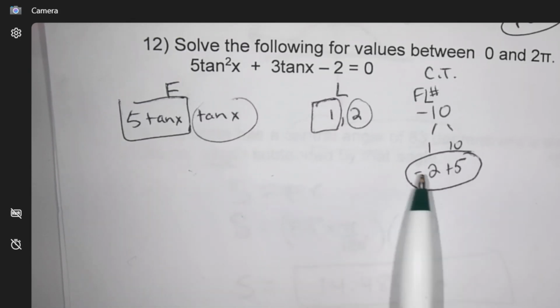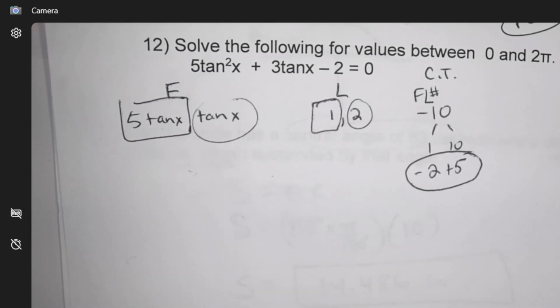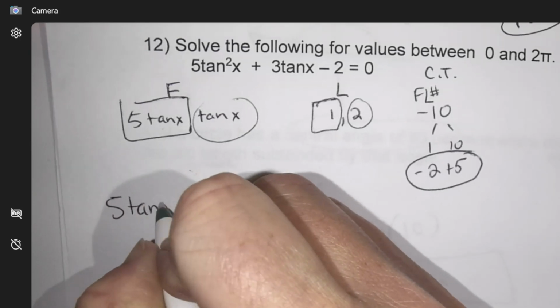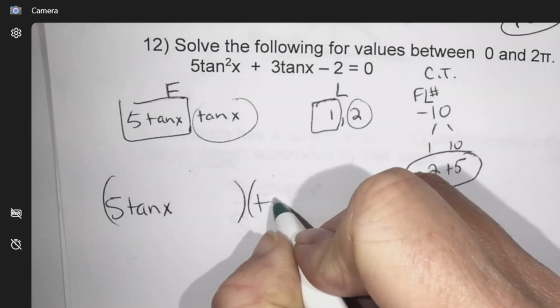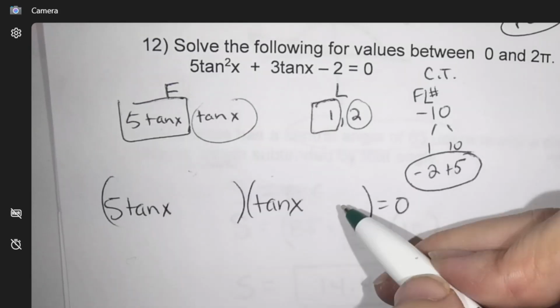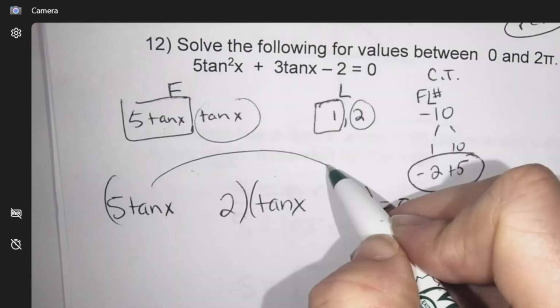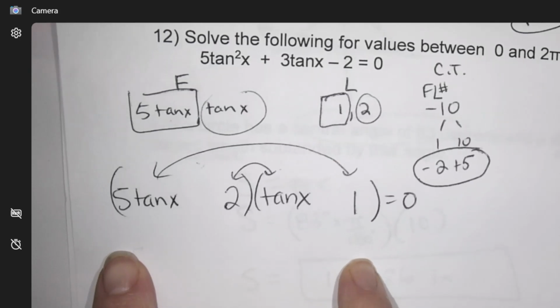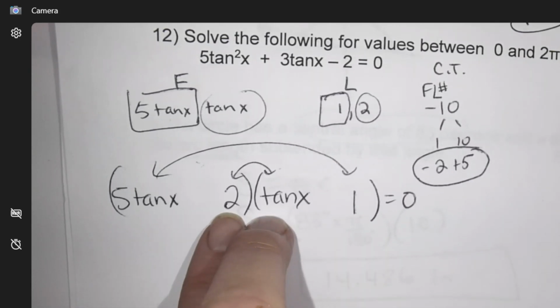Okay, so I'm connecting something together to make a 5tan and something together to make a 2tan. Do you see your connectors? So there's a 5tan connector and a 2tan connector.